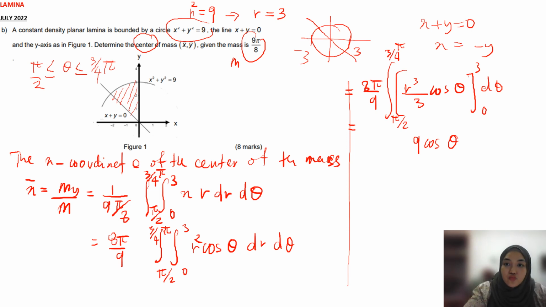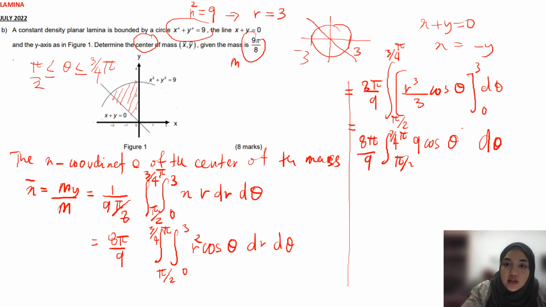Cos 0 is 1. But sorry, we haven't substituted the value of theta yet, it's just r only with respect to d theta, and then pi over 2 to 3 pi over 4, with 8 over 9 pi.